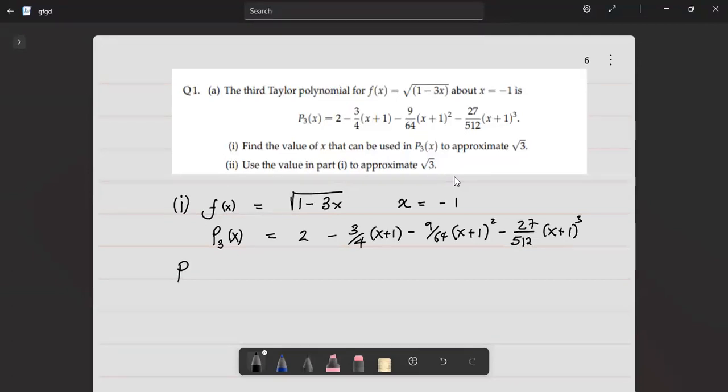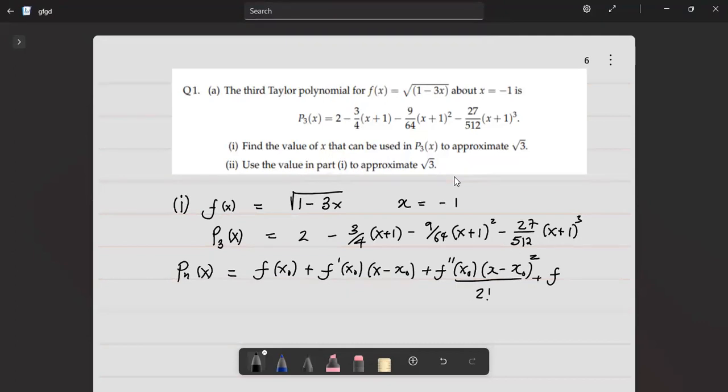You know that Pn of x is equal to f of x naught, plus f prime of x naught times x minus x naught, plus f double prime about x naught times x minus x naught squared divided by 2 factorial, plus so on and so forth.